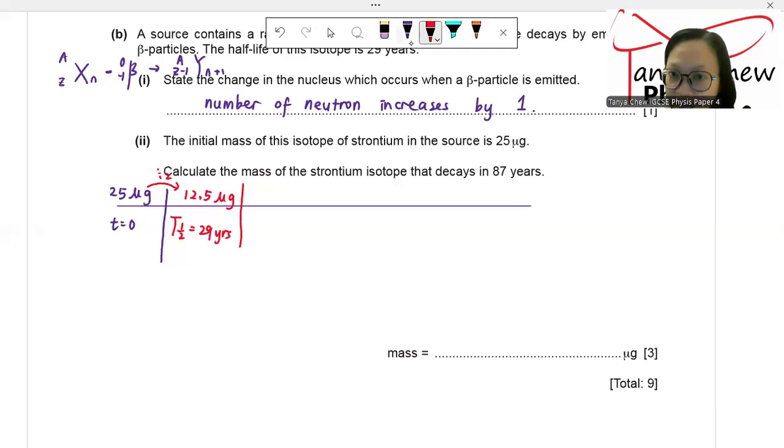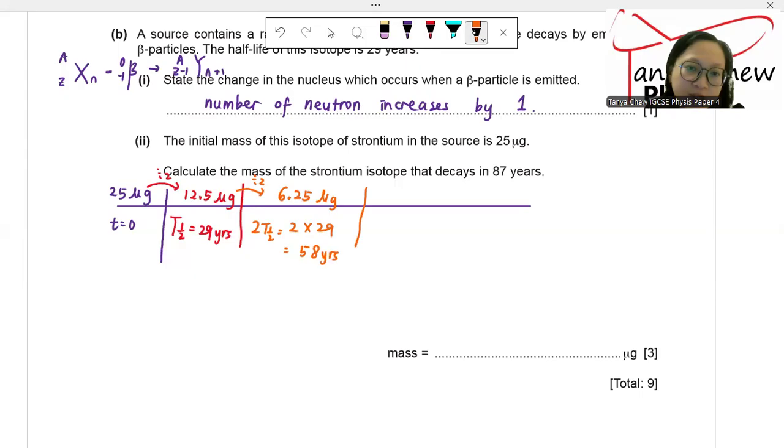And it keeps on decaying until you get to 87 years. Decreasing by half again, you get 6.25 microgram. This is 2 times the half-life because you divide by 2 twice, right? So this is 2 times 29 years, you get 58 years.